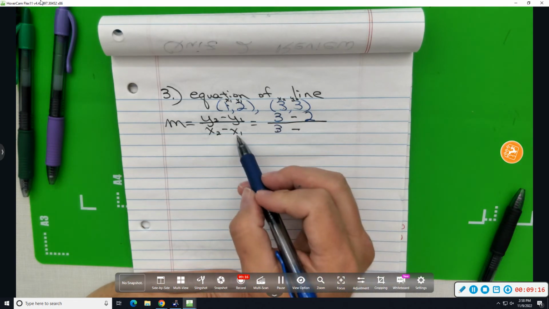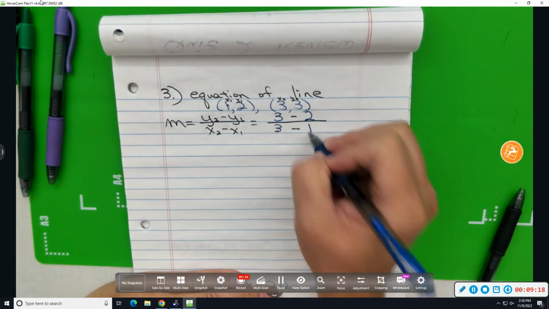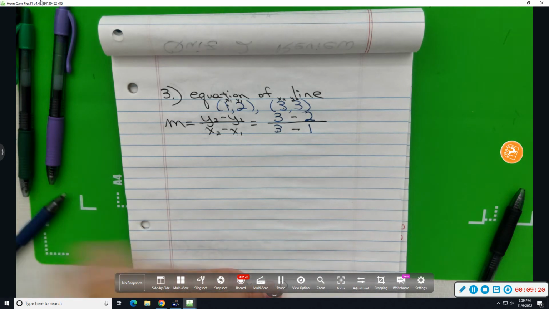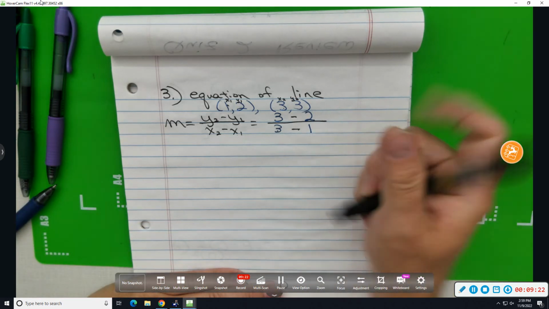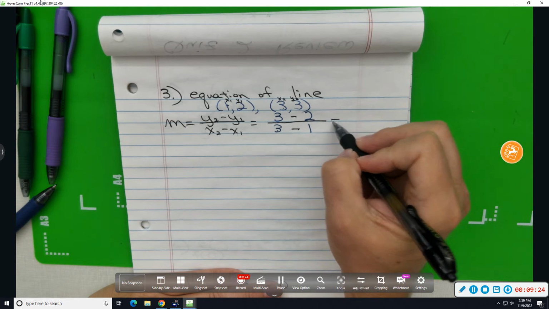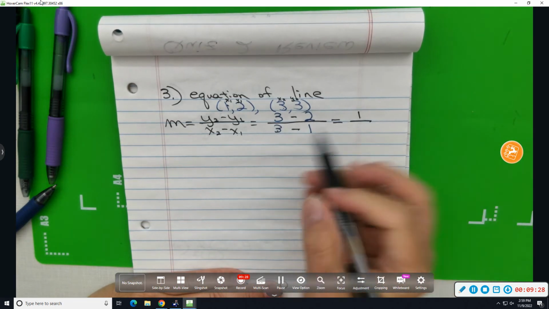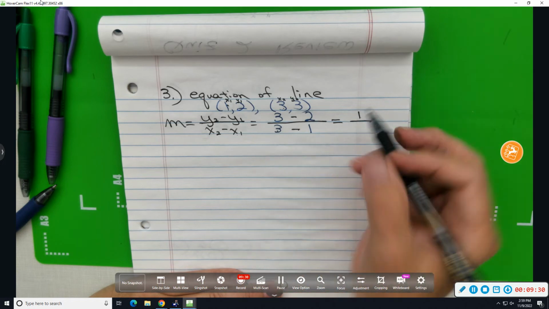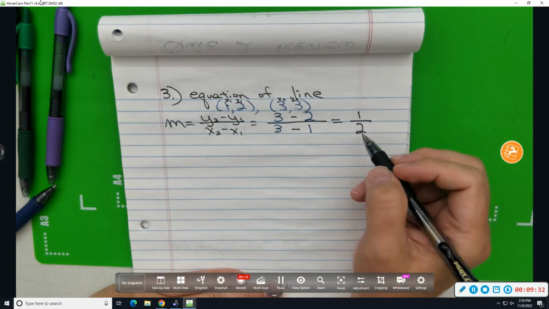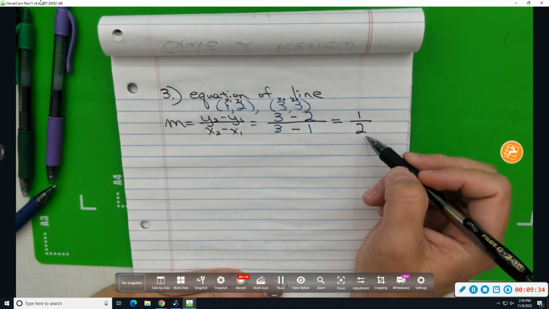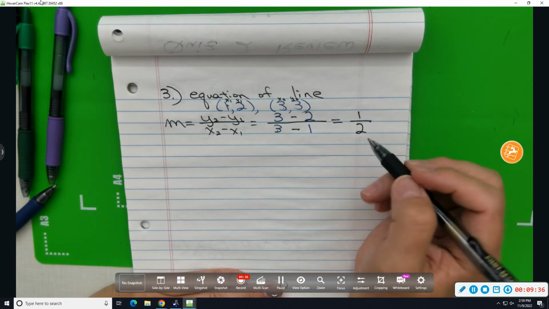Minus x1. I agree with the 1. Oh, this is working out pretty nicely. What are we getting for our slope? 3 minus 2 is 1 over 3 minus 1 is 2. So we now know the slope of the line. The slope of the line is 1/2.